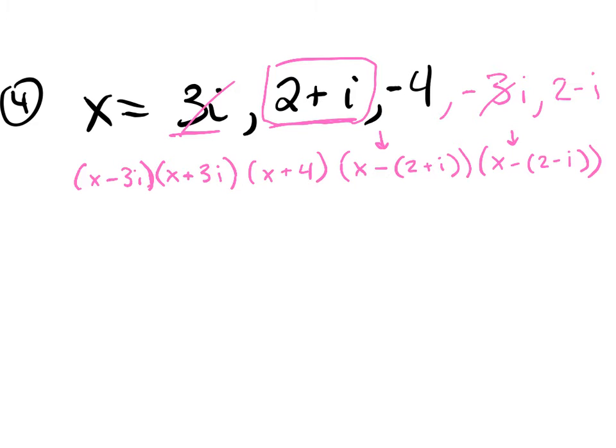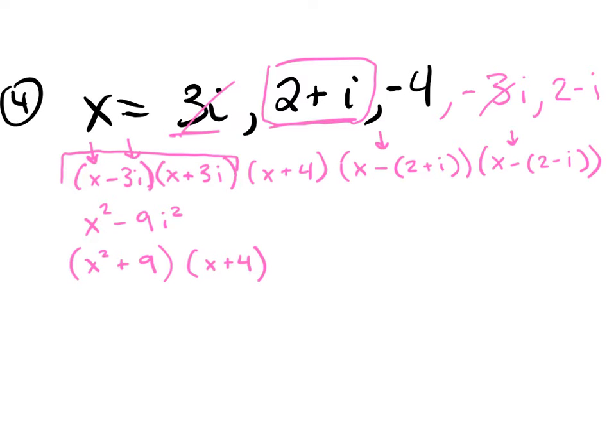So I'm going to multiply these two first. Since they're conjugates, I'm just going to square the first and square the second. So I have x squared minus 9i squared, which then becomes x squared plus 9. I'm going to rewrite the x plus 4 next to it, because I'm going to multiply those two together.